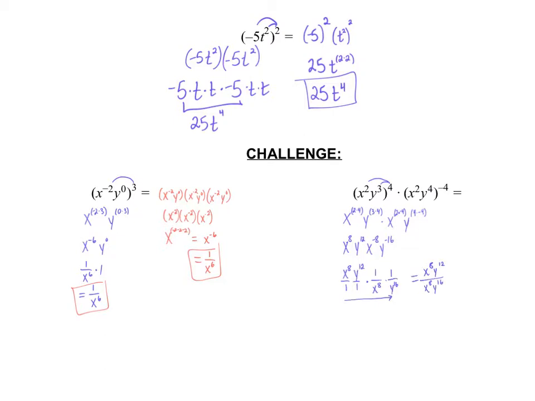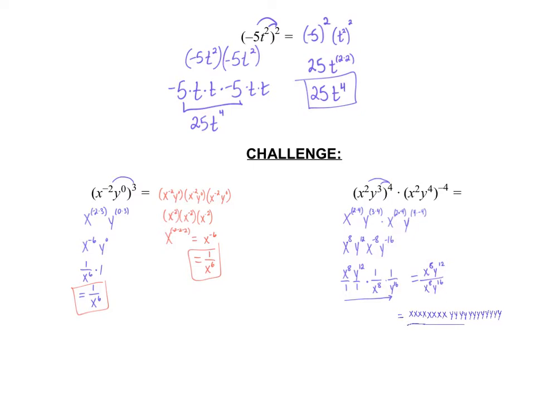All right, so everything on top is multiplying, everything on bottom is multiplying. So to give you a visual, I'm just going to expand this out completely. So x to the 8th, 1, 2, 3, 4, 5, 6, 7, 8. Y to the 12th, 1, 2, 3, 4, 5, 6, 7, 8, 9, 10, 11, 12.